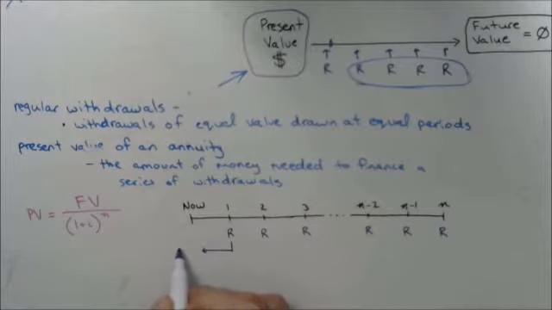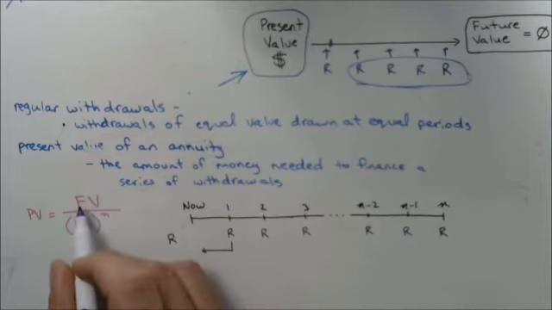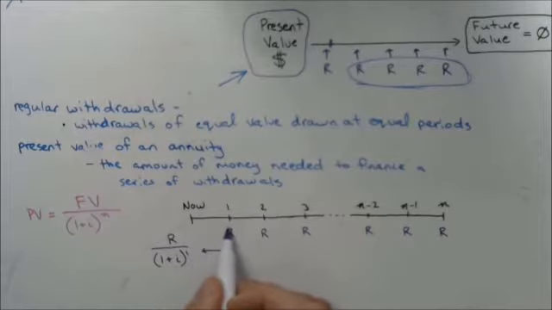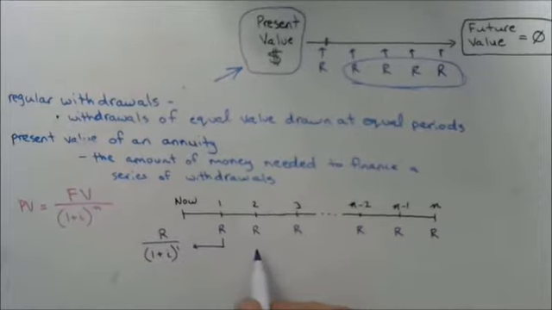So the amount that I need today in order to withdraw $500 in, let's say, 1 month, is actually going to be my future value, the $500 that I want to be able to take out, over 1 plus my interest rate per compound period to the power of 1, because that money right now is only going to be in there for 1 more compounding period. Okay? Now, let's look at our next one.